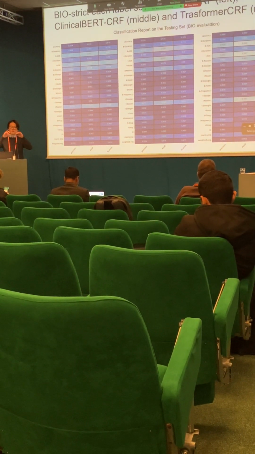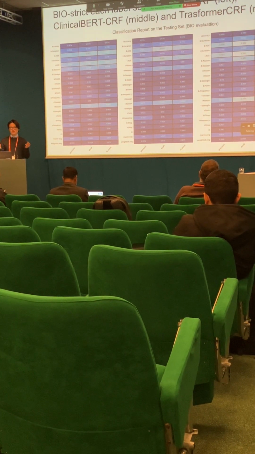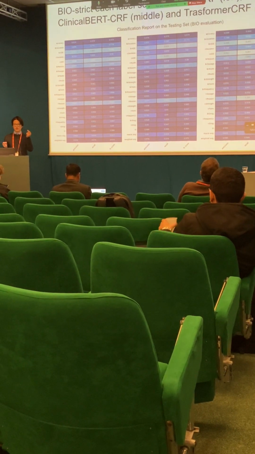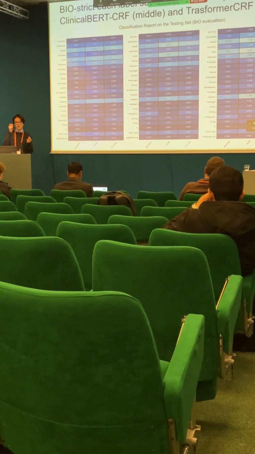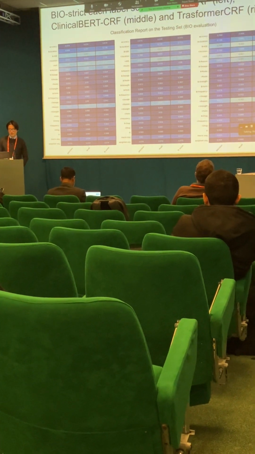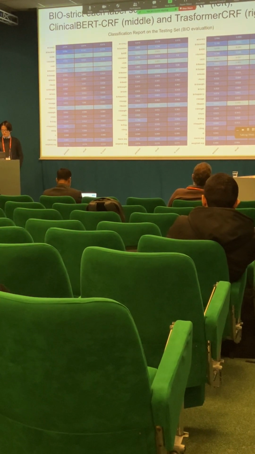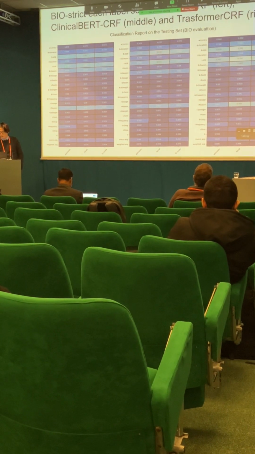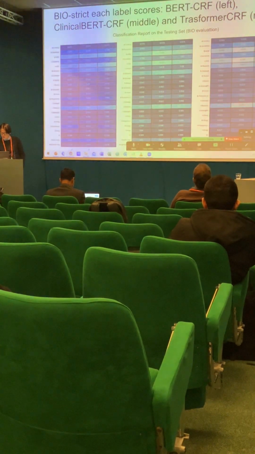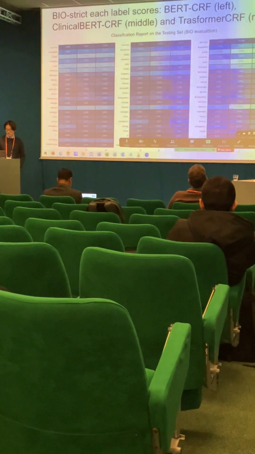If this drug is multiple words, or this symptom is multiple words, then we also calculate if the model can predict this is the beginning of the span or the inner of the span. So B and I mean beginning and inner of the span. These three models are from BERT CRF, clinical BERT CRF, and transformer CRF.